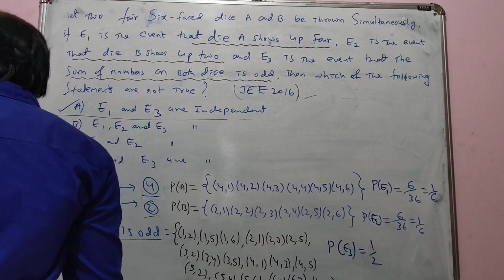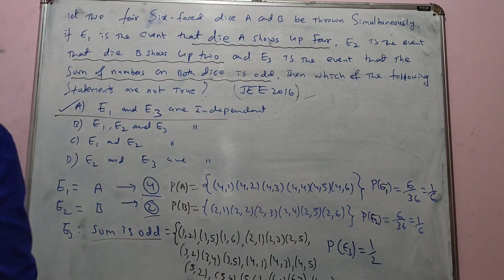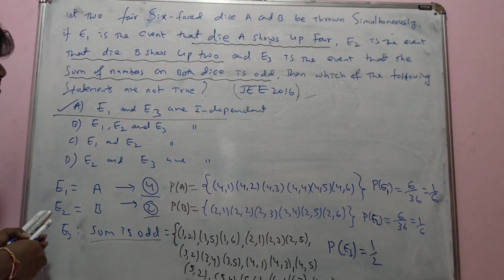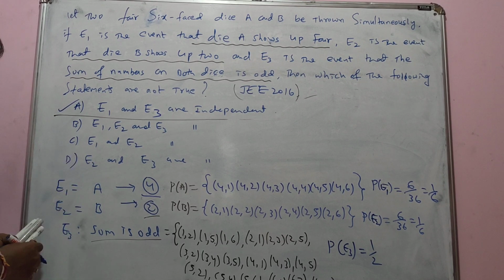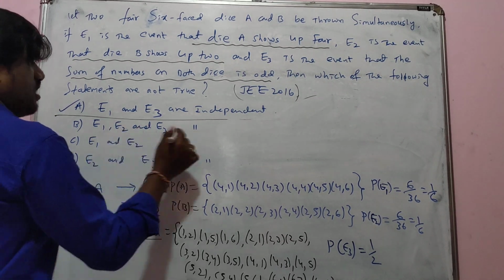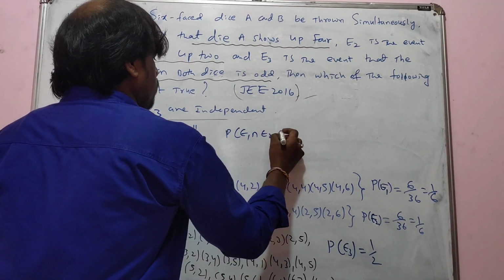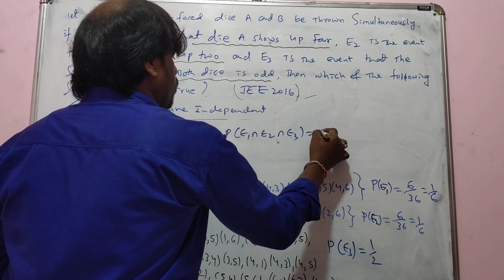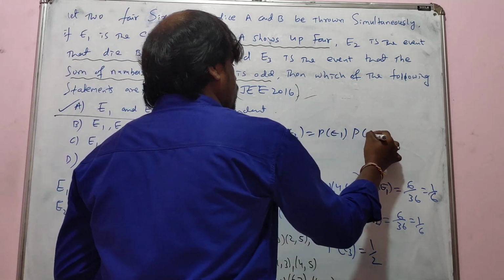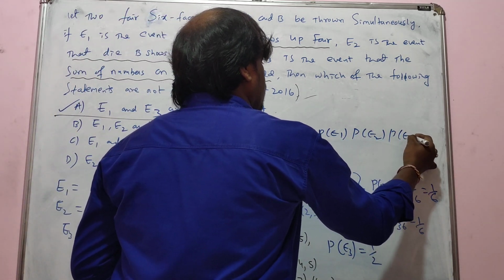If I want to check option B, I write E1 intersection E2 intersection E3. Probability of E1 intersection E2 intersection E3 must become probability of E1 into probability of E2 into probability of E3. Then this will be correct.